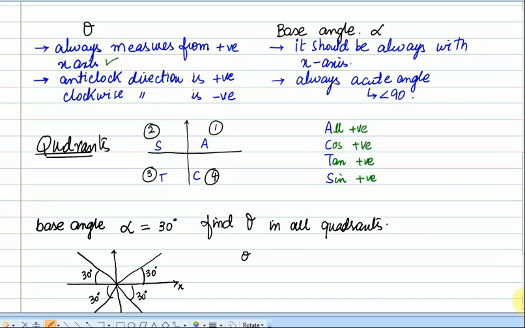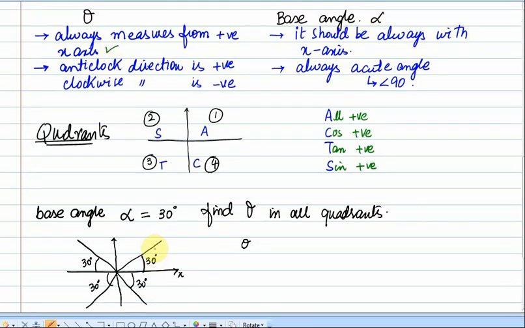That means if I talk about the first quadrant, starting from the positive x-axis, it's anti-clockwise, that means it's positive. So I will move in this direction. So that is theta for the first quadrant. So my first answer is theta is equal to 30 degrees, and that is for the first quadrant.